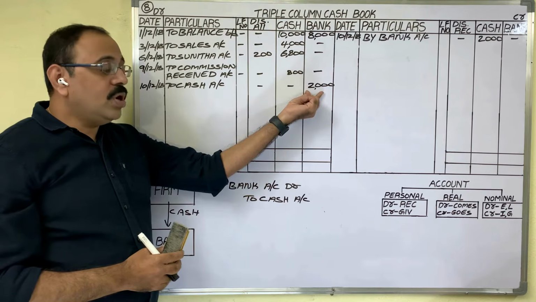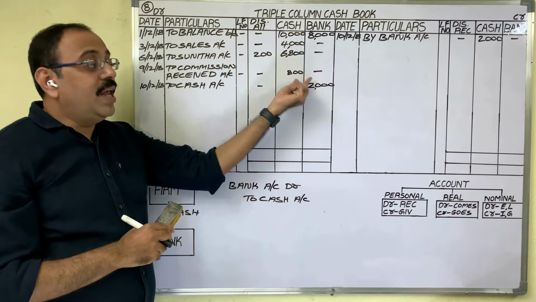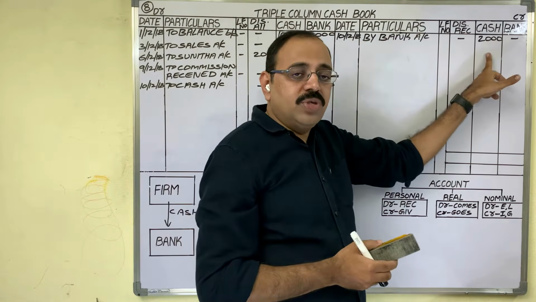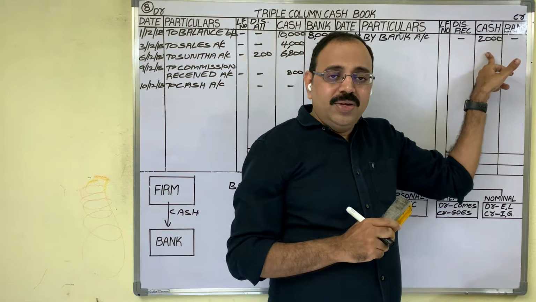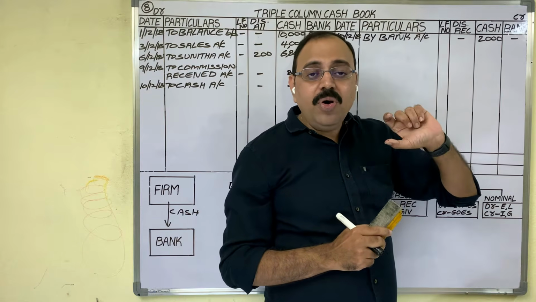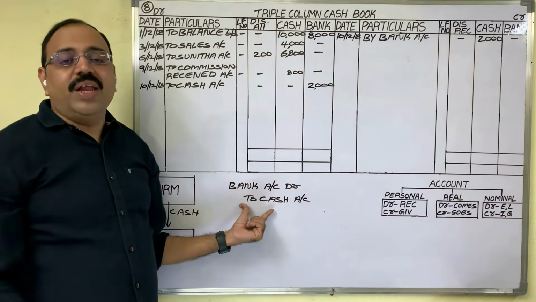So, this 2000, if you observe, on the other side, double entry is completed. Both are opposite to each other. Therefore, this entry is known as contra entry.